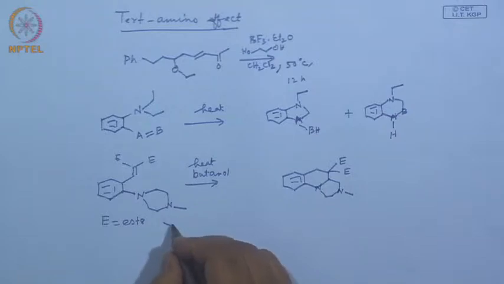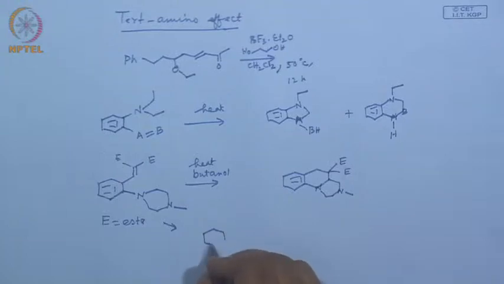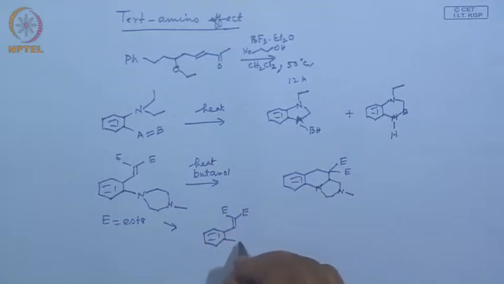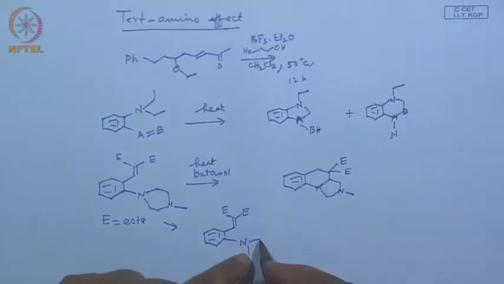What I can do is just write this in simplified form. Let us say this is E, meaning an electron withdrawing group, the double bond and nitrogen here, and, as I said, there is a tertiary amine. That means these two should be alkylated, and the tertiary amine should be such that there should be an alpha hydrogen.